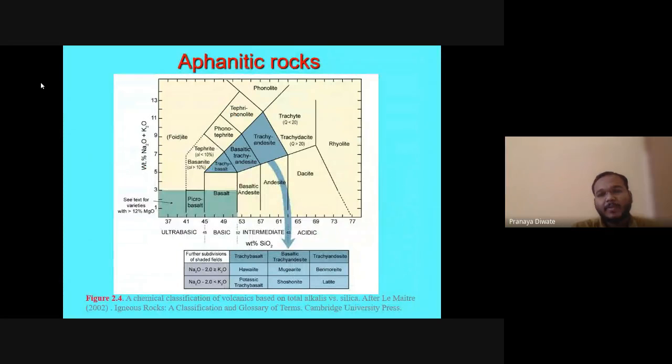So you have trachybasalt, basaltic trachyandesite, trachyandesite. This is how you can classify aphanitic rock. So you have trachyte, phonolite, tephriphonolite, tephrite, and all these are the aphanitic type of rock.